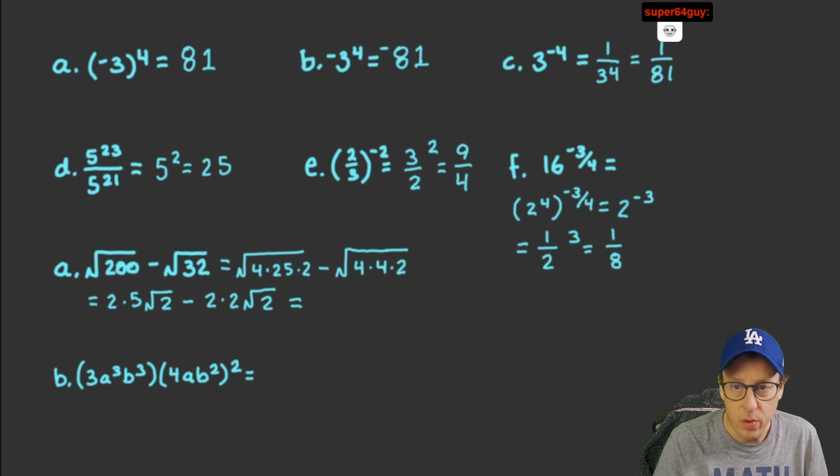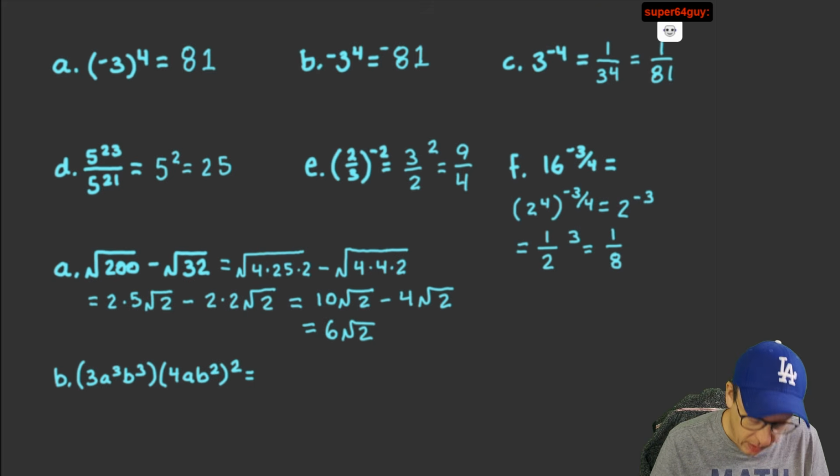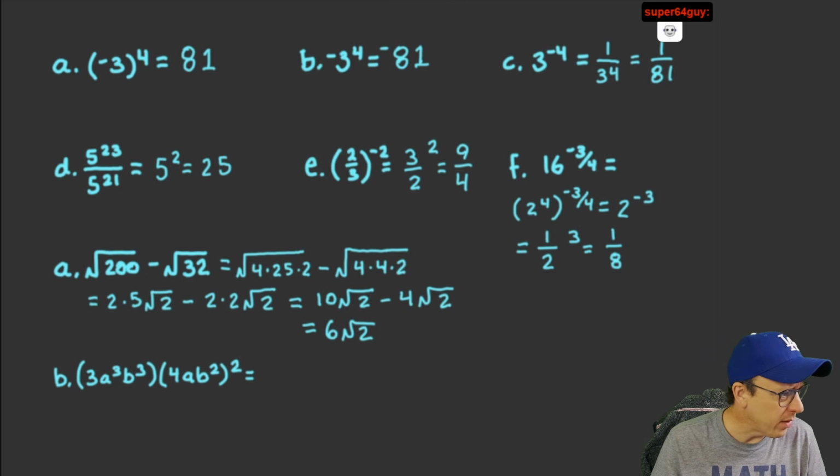And then this is going to end up becoming 2 times 5, which is 10, square root of 2, minus 4 square root of 2. This gives us a final answer of 6 square root of 2. Okay? So slowly ratcheting things up here.